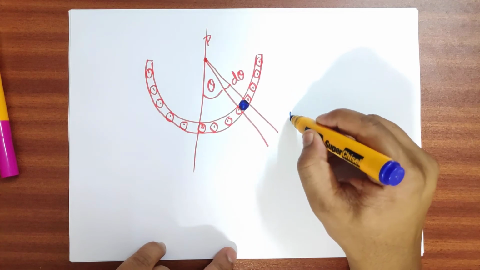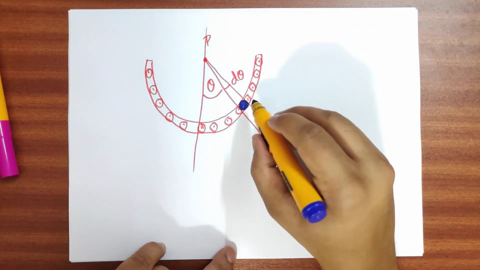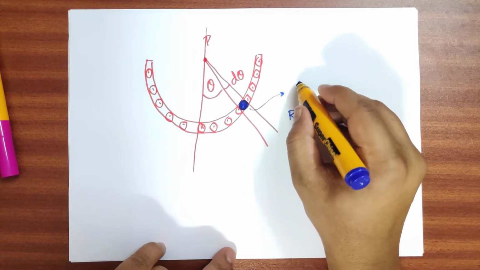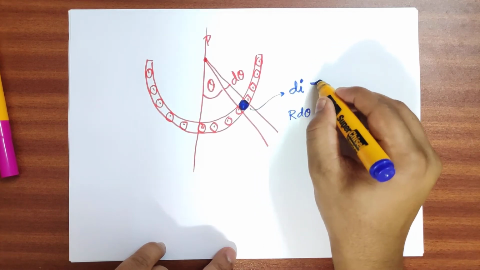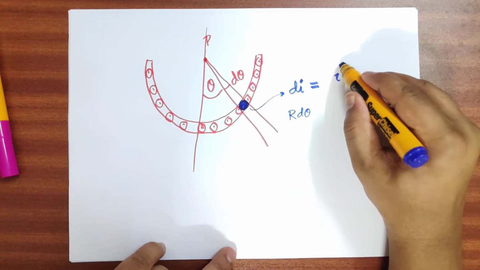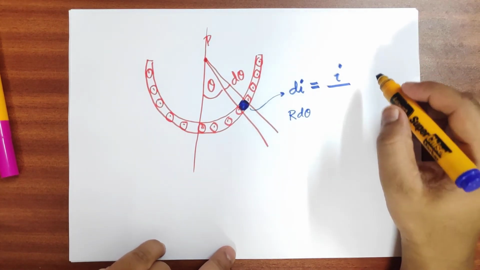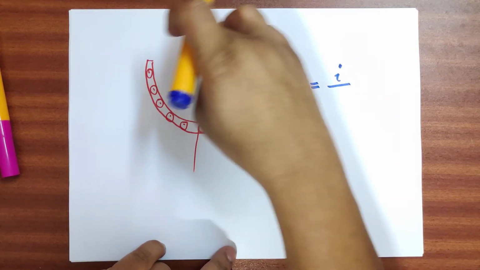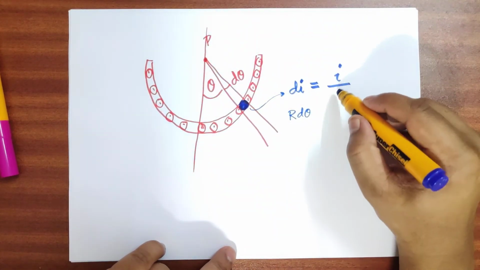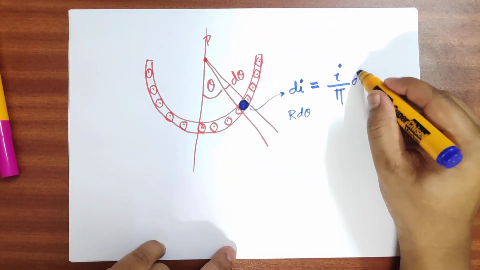How much is the length? The length is r d theta. And this is carrying a very small current, di, which is the total current I divided by the total angle pi, multiplied by d theta.